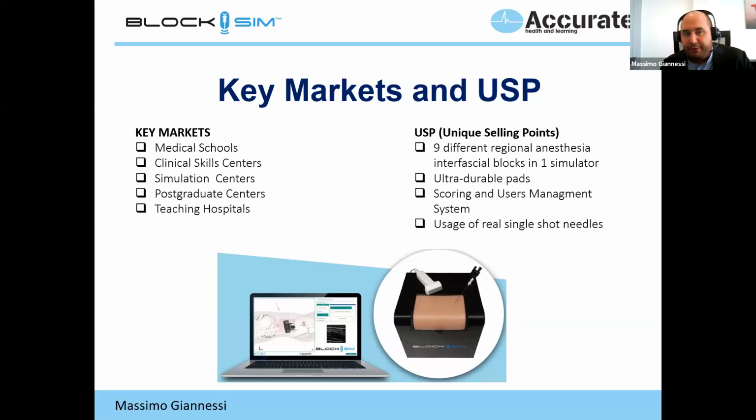Why is that important? You have medical device companies on the market that may want to use their own needle for workshops in hospitals or simulation centers. Thanks to this simulator, which you can maybe rent inside your region, you can present it to them and they may be interested.